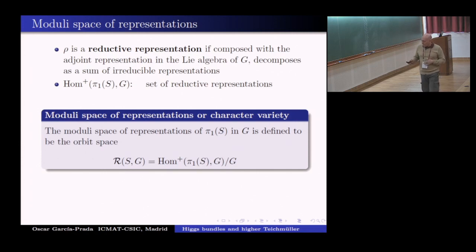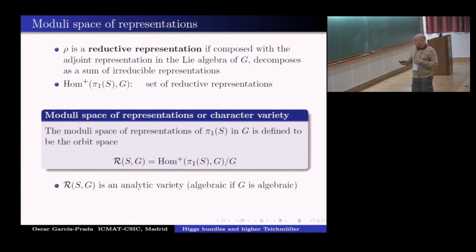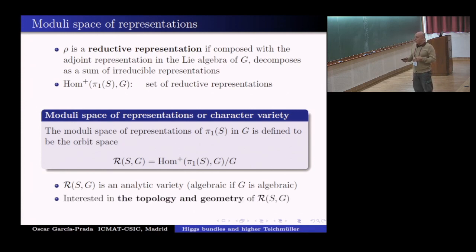Okay, so this is an analytic variety, which is algebraic if G is algebraic. In fact, it is complex if G is a complex group. It has a natural complex structure coming from the group G if G is complex. And this is the focus of attention of these talks.